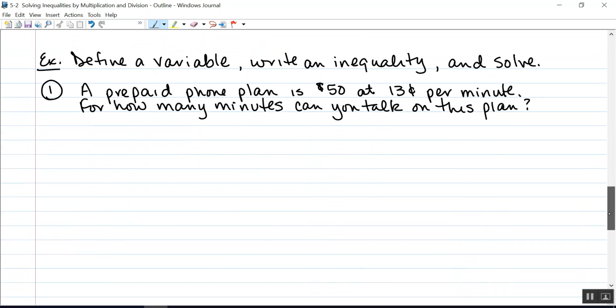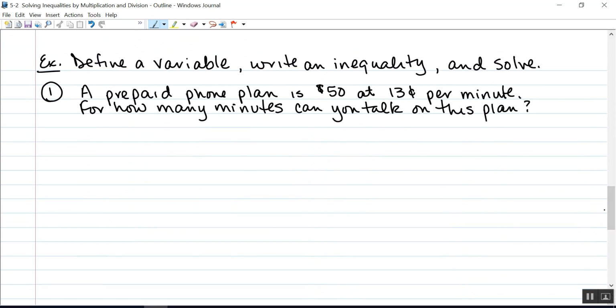Now let's take a look at a couple word problems here. So we need to define a variable, write an inequality, and solve. A prepaid phone plan is $50 at 13 cents per minute. For how many minutes can you talk on this plan? Okay, so define your variable means write a let statement. Let x equal the number of minutes.